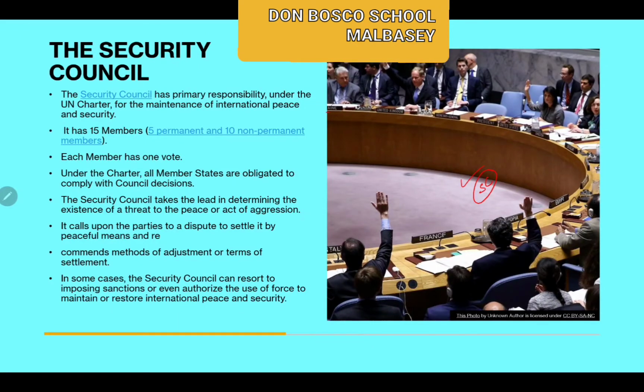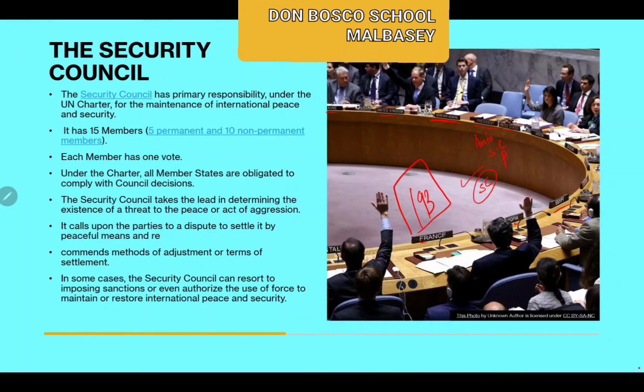Here is Ukraine, here is the United Kingdom. The General Assembly's president is here, then Antonio Guterres will be sitting here, and the Security Council's president will be there. The United States is there, Egypt is there, Ethiopia is there, France. So the representatives come together and have a talk.